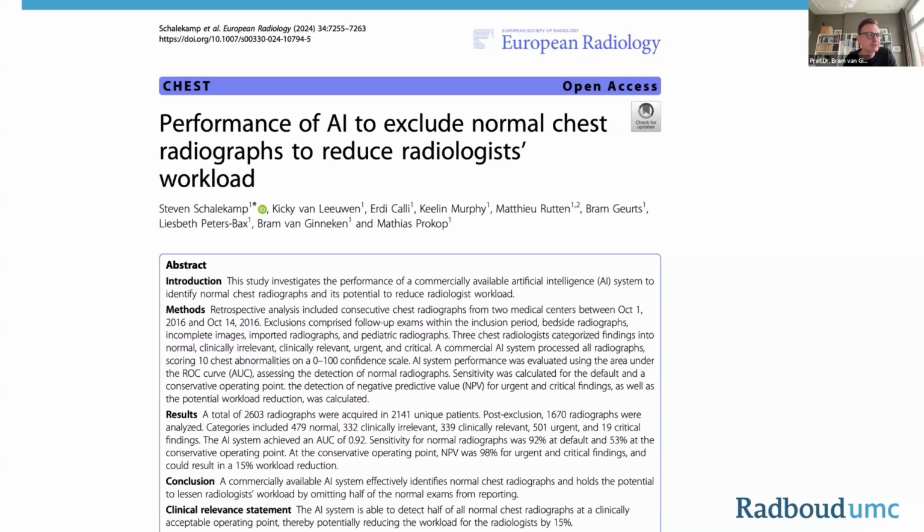But we actually found that if you want to not miss any abnormalities, you have to use a fairly low threshold, so that you could only reduce the workload for radiologists by 15%. But still, 15% is a good start. And I think slowly but surely, when AI further improves, more and more chest X-ray exams in a Western setting would no longer have to be reported on by a radiologist. Given the shortage of radiologists, that's an important development.